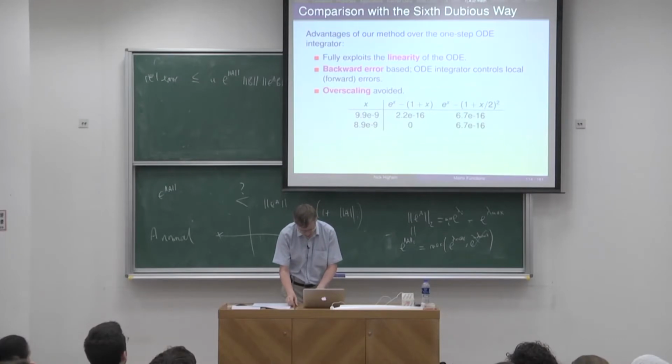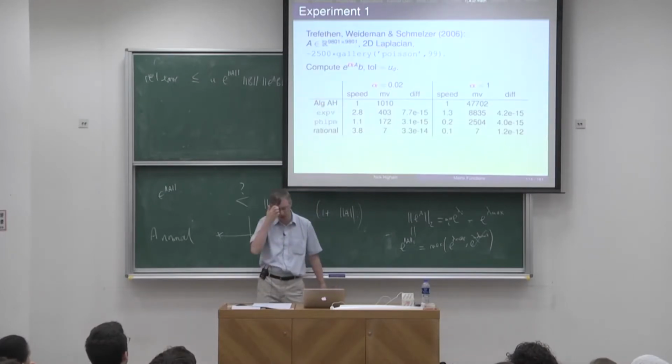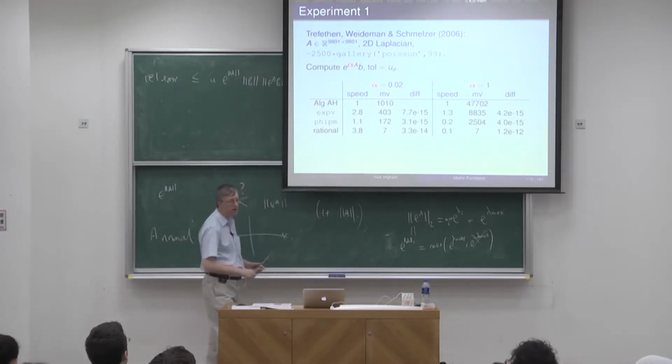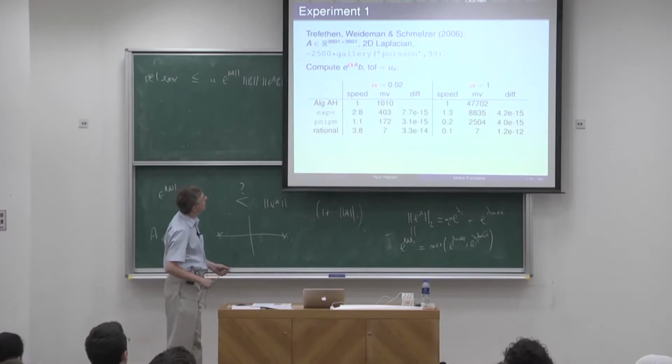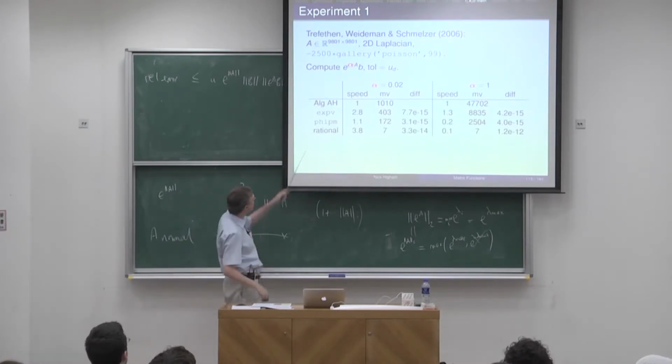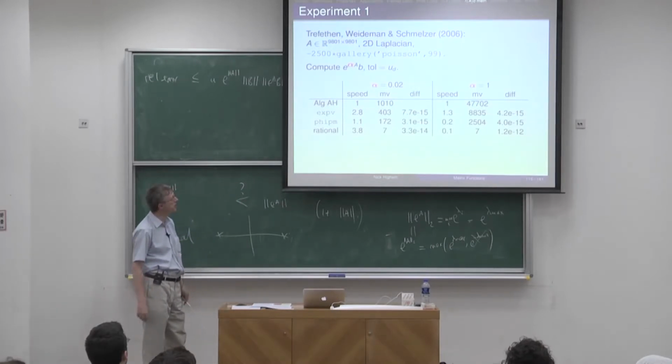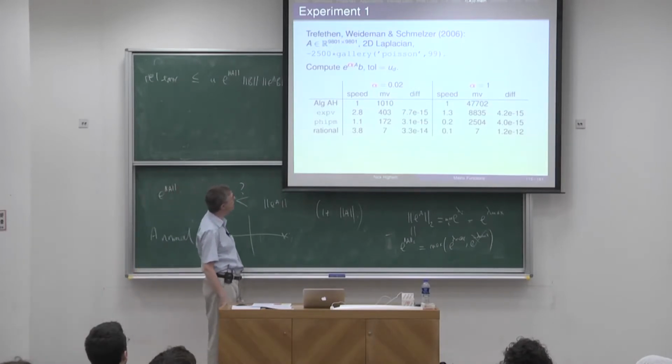So that's good. Let me show you the results of some experiments. So what we're doing here is ALG-AH is the method I've just been talking about. And I'm going to compare it with XV, the algorithm from that paper by Sidje that I mentioned the other day from 1998, a MATLAB code that's Krylov based.